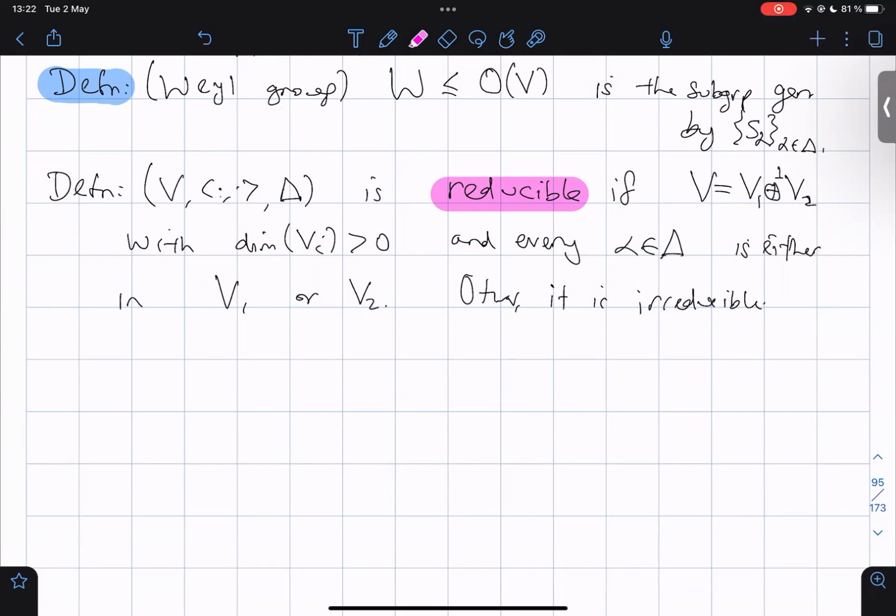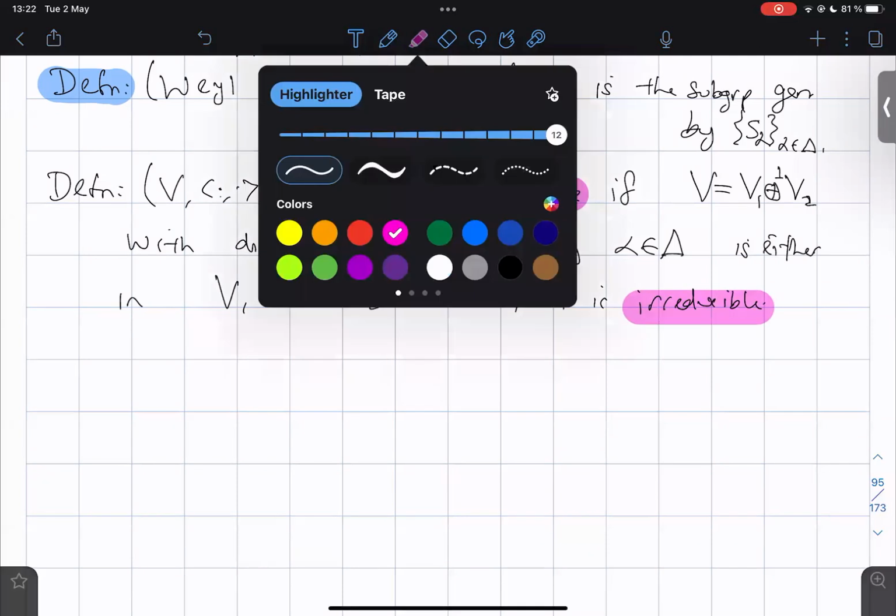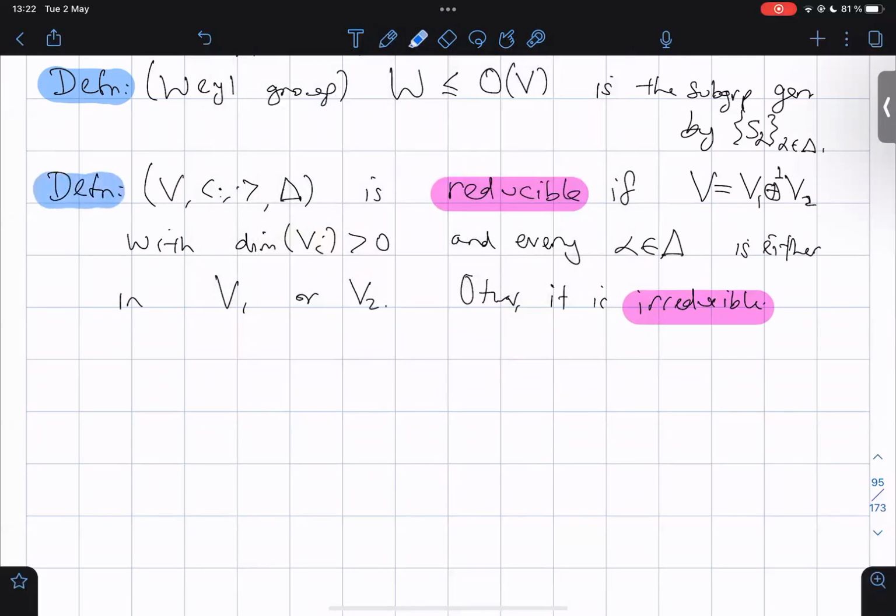Pieces that are disconnected from each other you could think of as being associated to different factors in this decomposition. And so the definitions of base, partial order, Cartan matrix, Dynkin diagram, fundamental weights, everything that we had before carries through in this setting as well.